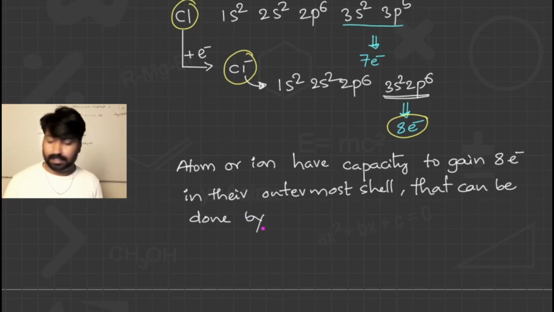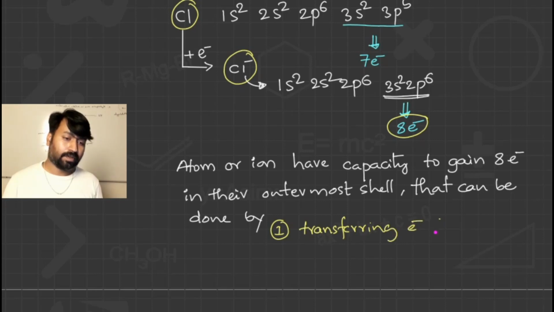And that can be done in two ways. The first way is transferring the electron from one atom to another atom.